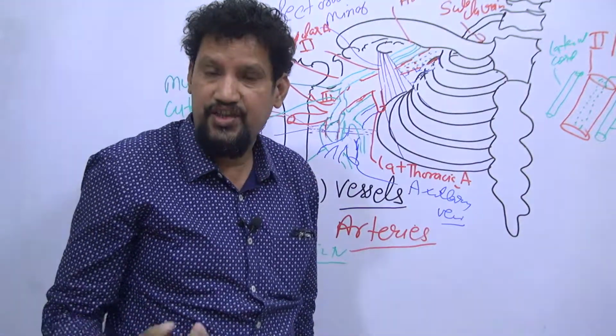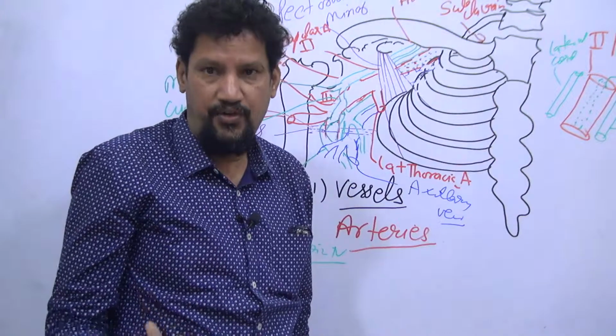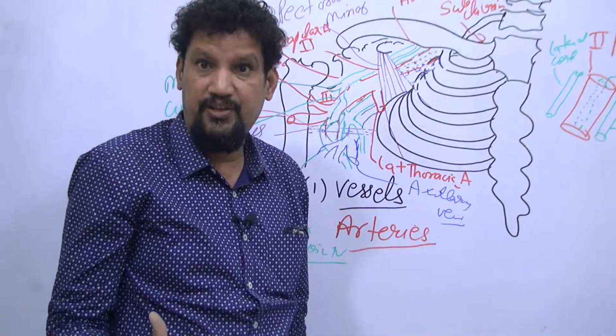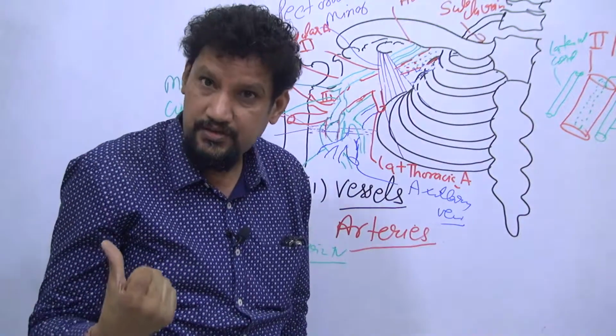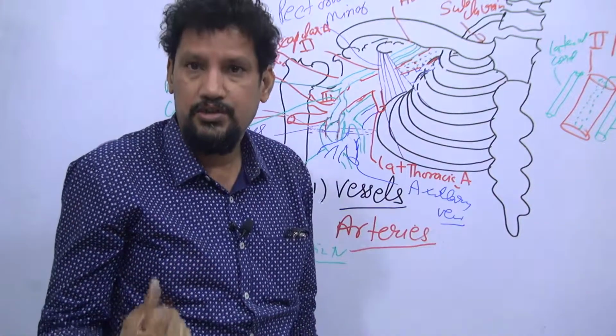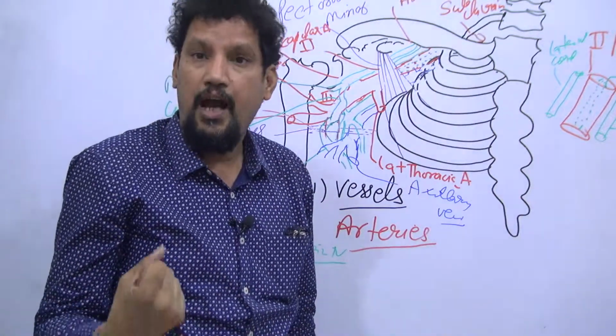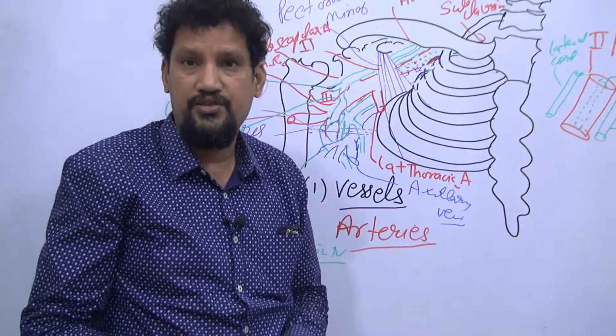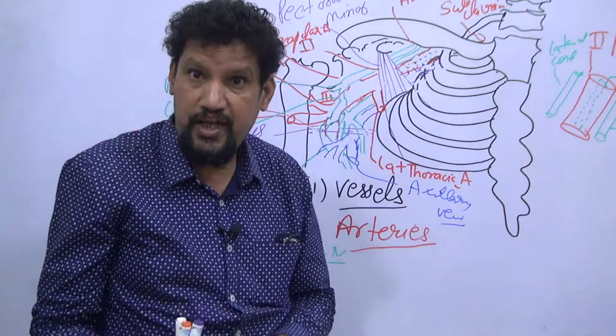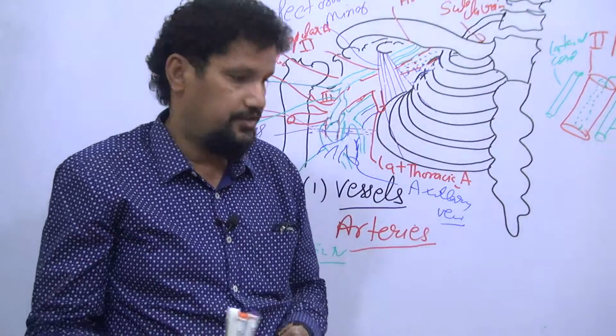The axillary sheath is formed by tough fibrous deep prevertebral fascia, so this sheath will not allow the vein to dilate and accommodate the increased venous return. So it is outside the axillary sheath.